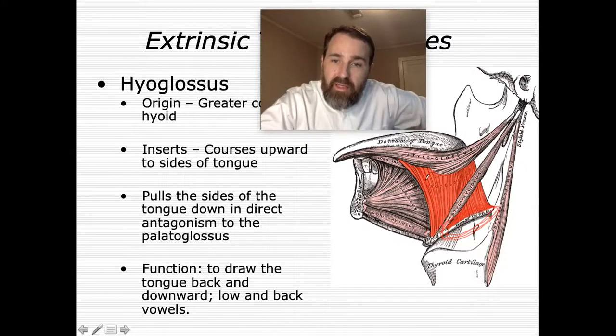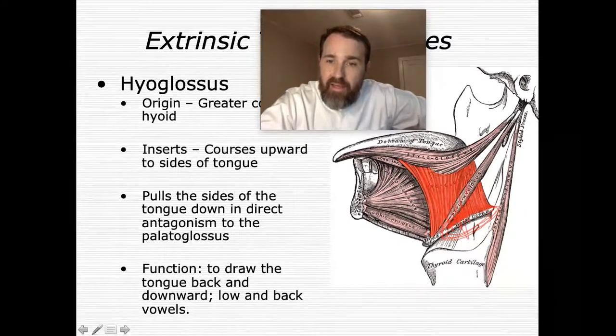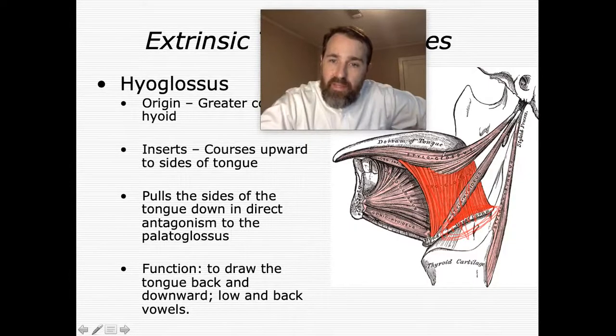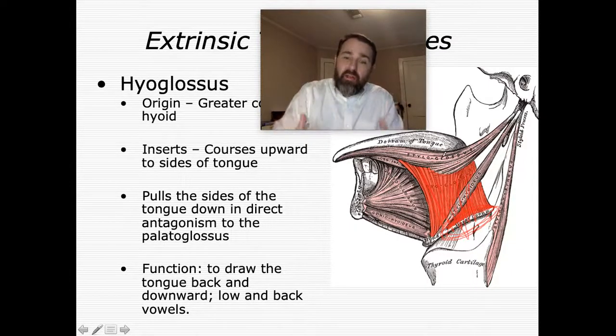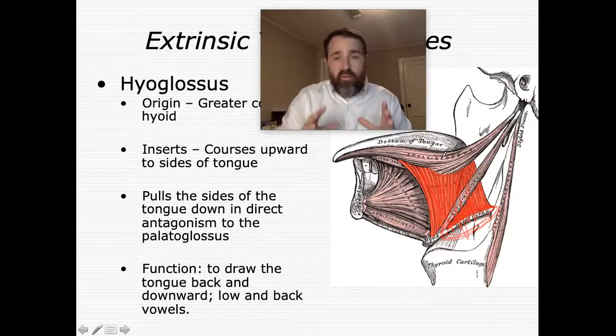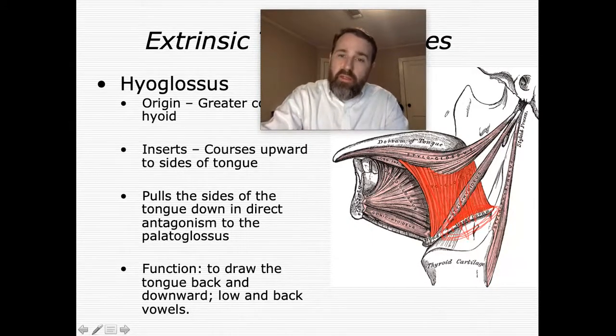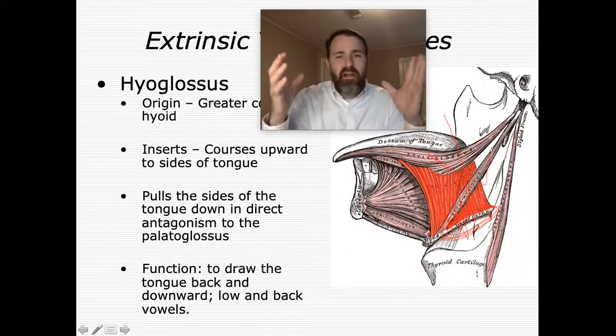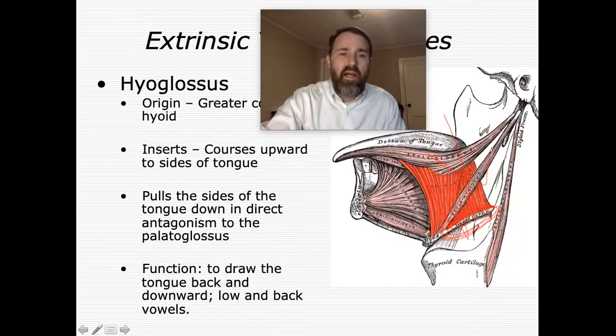So you can see that when this muscle contracts, it's either going to elevate the hyoid, which we've already covered, or it is going to pull the sides of the tongue inferiorly towards the hyoid.